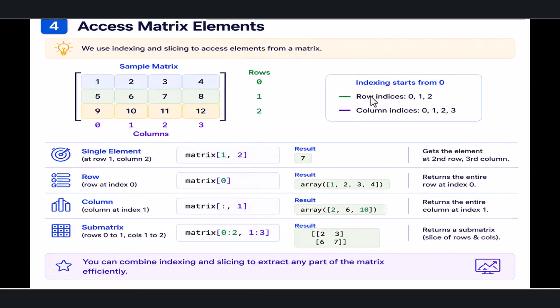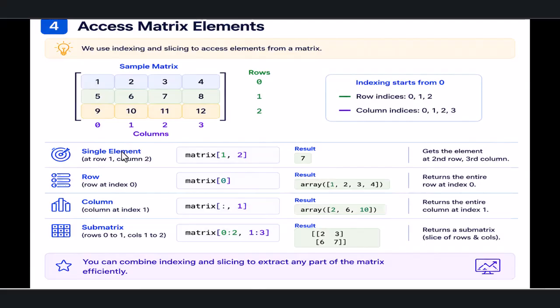NumPy follows zero-based indexing. That means counting doesn't start from 1, it starts from 0. Look at the matrix on the screen. The row indices are 0, 1 and 2, while the column indices are 0, 1, 2 and 3. So, whenever you want to access an element, NumPy first looks at the row index and then the column index.